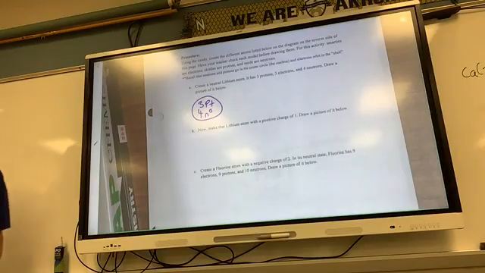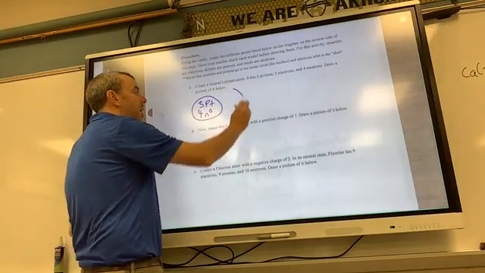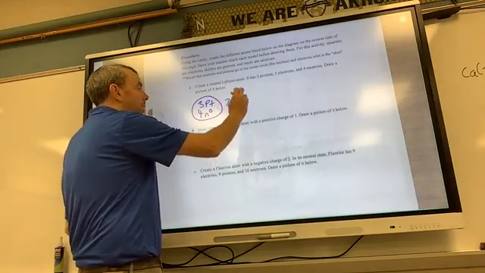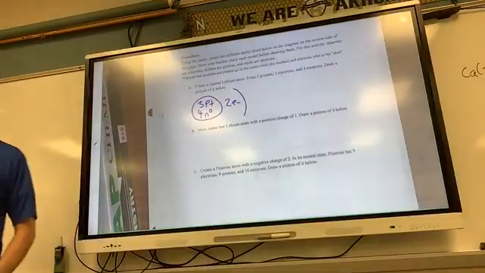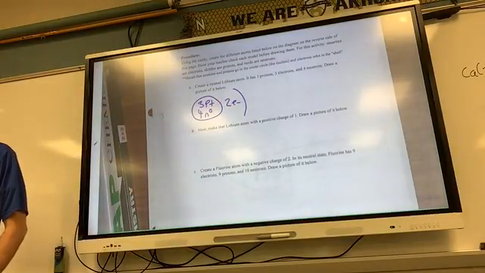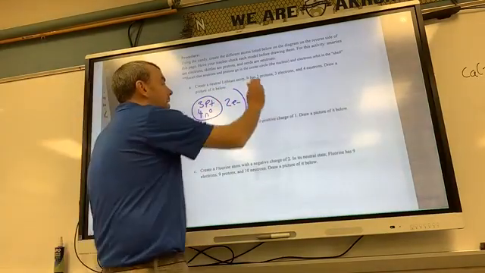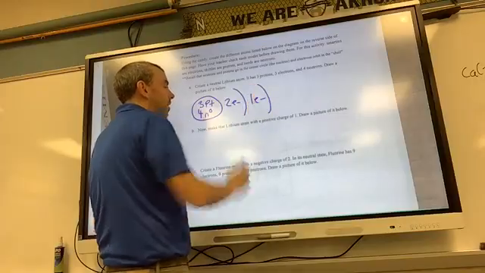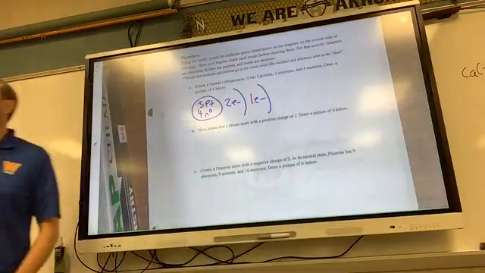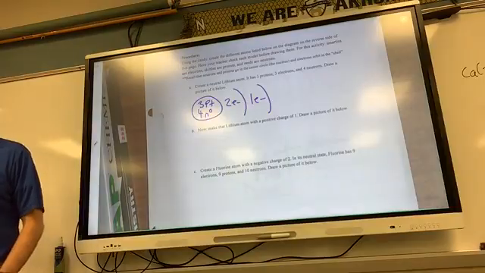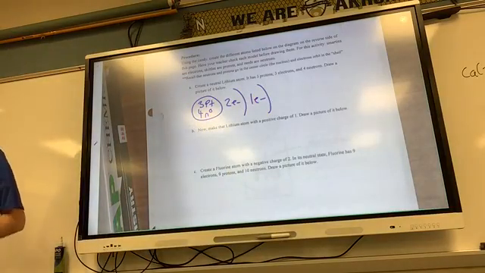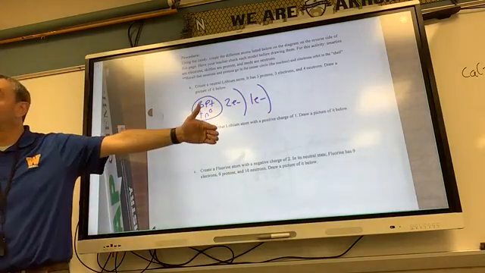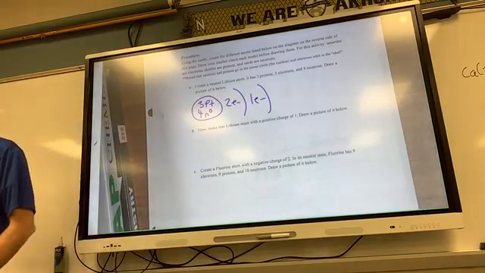How many electrons can the first level hold? Only 2. Which means how many are going to go in the second level? 1. So you should have had 2 Smarties in the first level and 1 in the second level. The 2, 8, 8 is how many they can hold. They won't always necessarily be full.